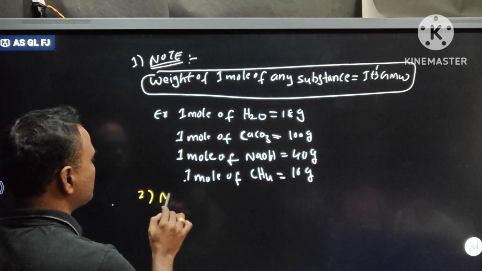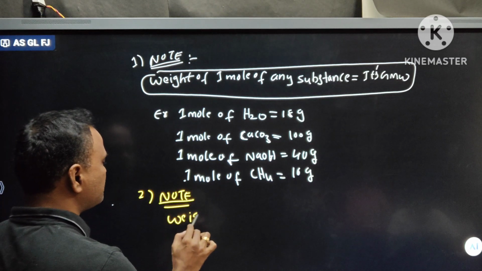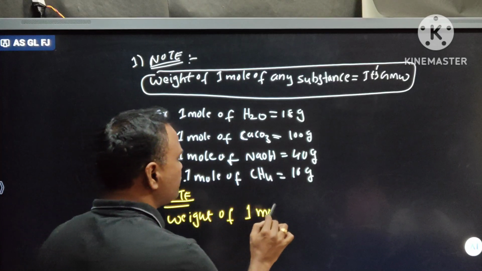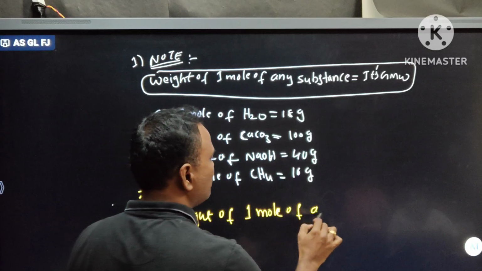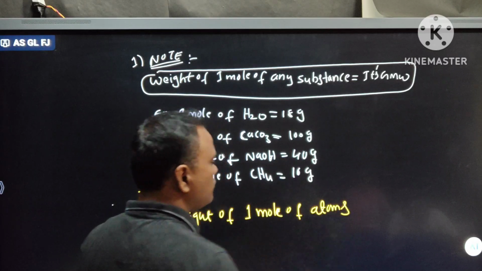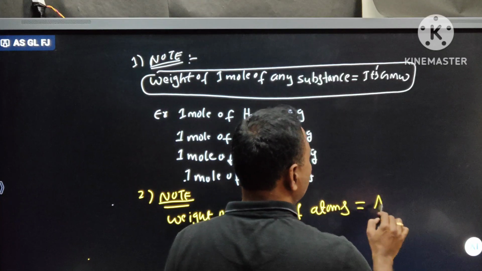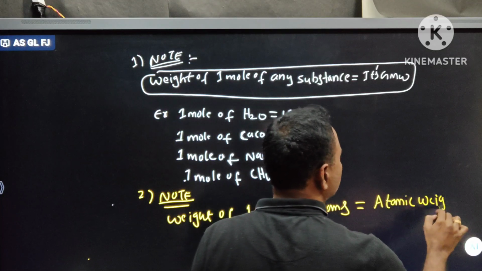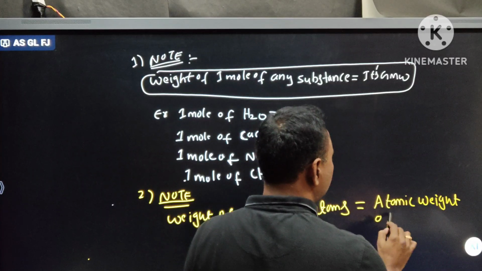Next, second note. Weight of 1 mole of atoms is equal to atomic weight of that atom.